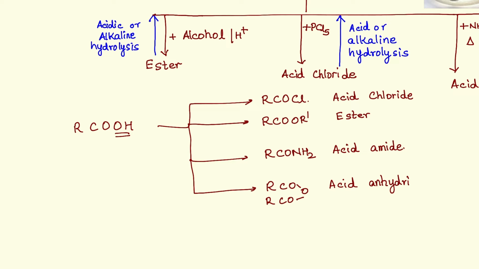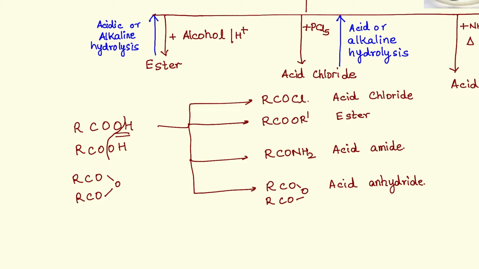Now, there's a logic to it. Anhydride means which has lost water. So RCOOH, remove the water, connect the two molecules, and we have RCO, and this is the bridge between the two.